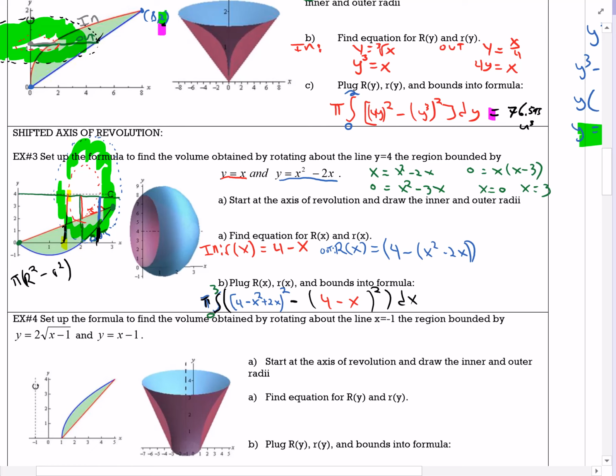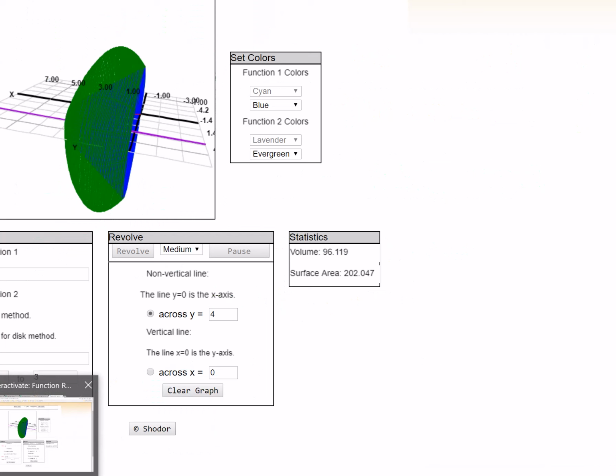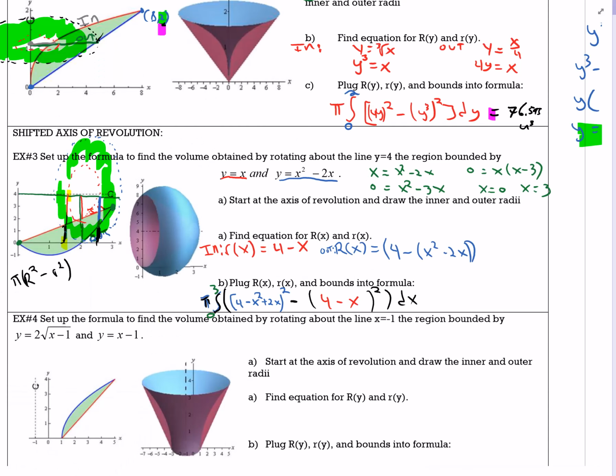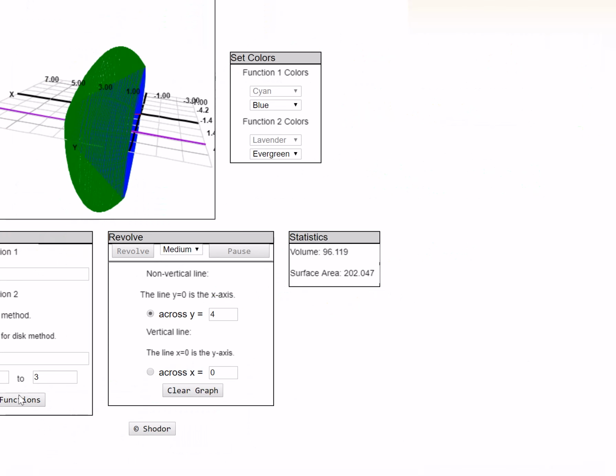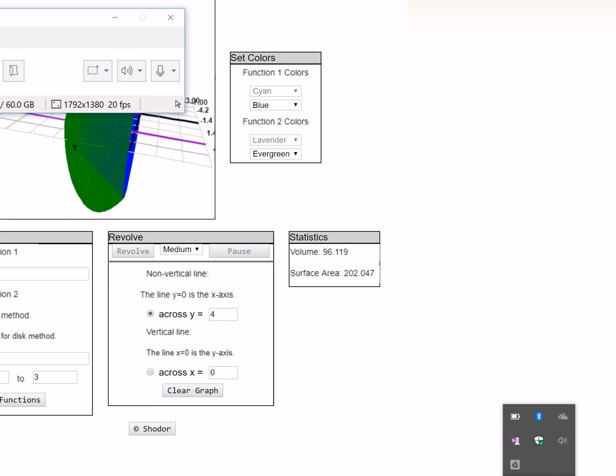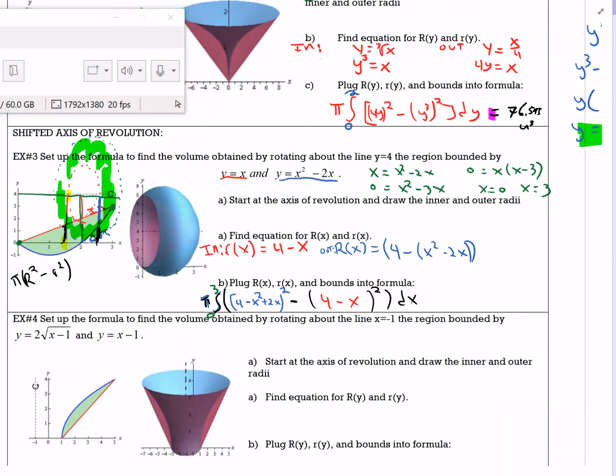Right, so now that we're there, we can go ahead and go to our calculator and see what the volume is. Actually, this is kind of cool. This calculator gave it to us, right? It's giving us a volume of 96.11, but let's just verify with the calculator just to make sure we didn't mess up our formula somehow. All right, so I put it in my calculator exactly how it is shown on the paper, right?